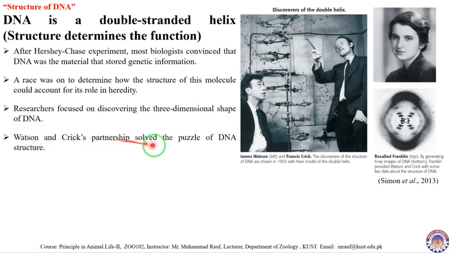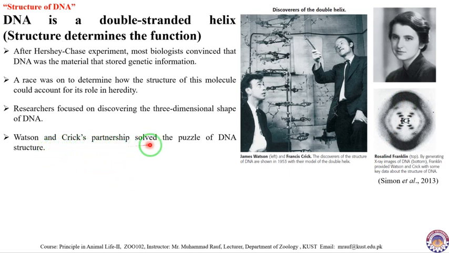Now there were two groups of scientists, Watson and Crick on one side, and Rosalind Franklin and Maurice Wilkins on the other side. They were working independently to elucidate the 3D structure of DNA.